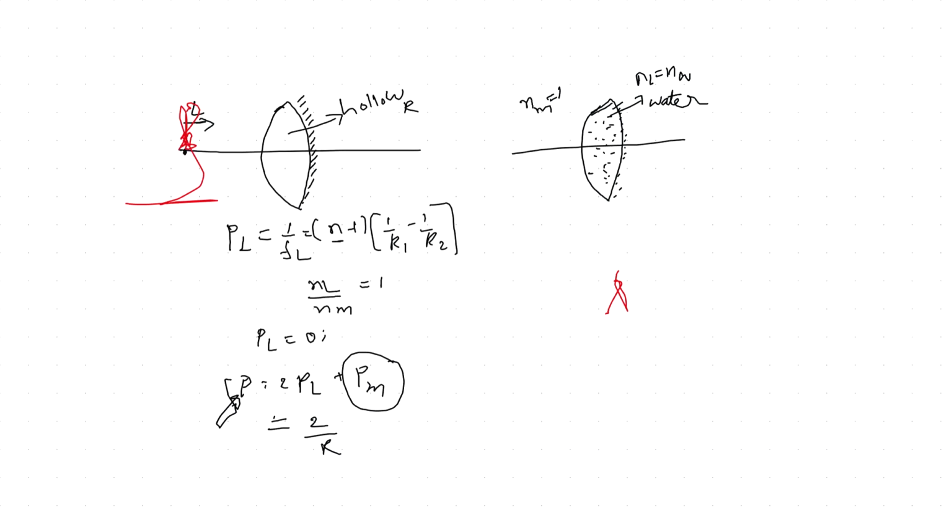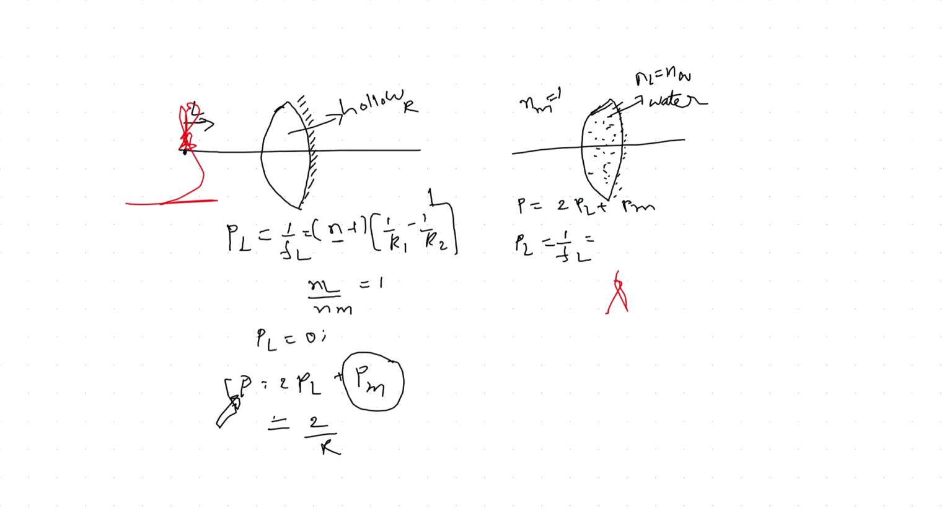So now, same process. The power is equal to 2PL plus PM. In the silvering case, first power, then focal length, then mirror formula. Here PL is equal to 1 by FL, the lens maker's formula, which you have to substitute.